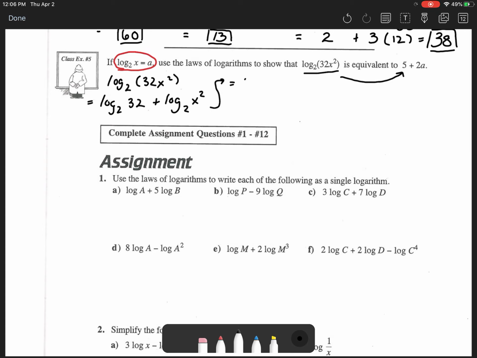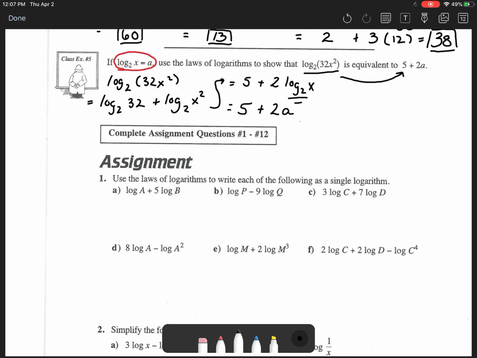So now log base 2 of 32 is a value of 5, because 2 to the exponent of 5 is 32. Plus, I'll bring that exponent of 2 down in front, log base 2 of x. And there's that log base 2 of x that they told me in the question equals a. So this is 2, and I replace that with a. And there you go, 5 plus 2a, exactly what they wanted me to end up with at the end of the question. So that's it.